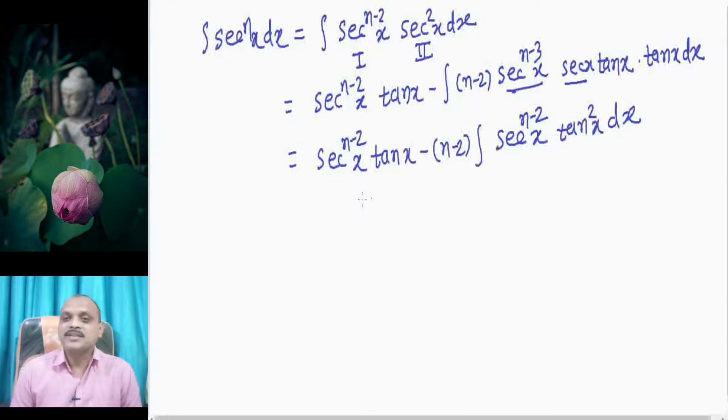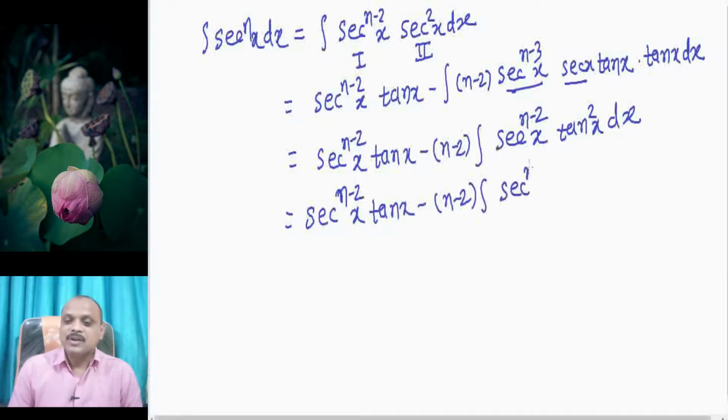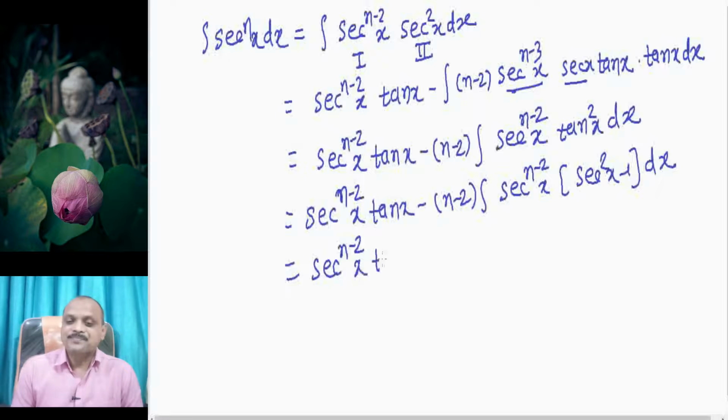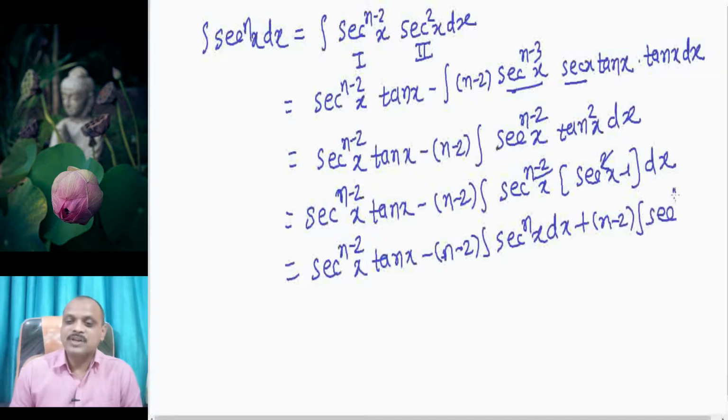Again substituting the value of tan square x in the integration, the first term will remain as it is, tan x, minus n minus 2 into integration of sec raised to n minus 2 x into sec square x minus 1 into dx, equal to sec raised to n minus 2 x into tan x minus, separating the parenthesis term, n minus 2 integration of this, n minus 2 and this 2, this will become n into dx, and this minus and this minus become plus n minus 2 integration of sec raised to n minus 2 x into dx. Here we have a sec raised to n term.